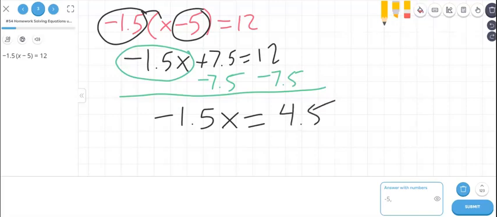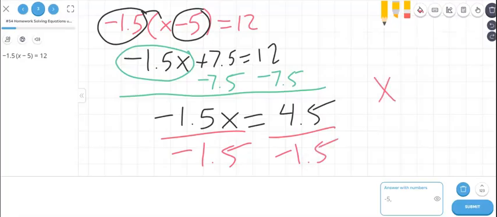Now we're going to end up dividing both sides by negative 1.5. Divide by negative 1.5. I know my answer is going to give me a negative. So let's see, 4.5 divided by negative 1.5 gives me negative 3. So my answer is negative 3.